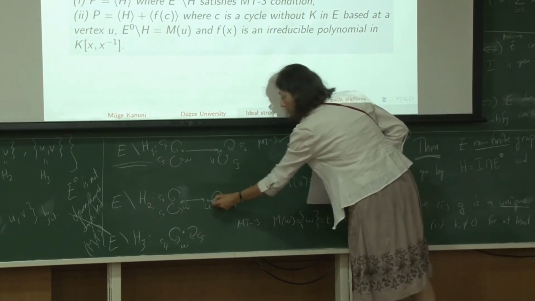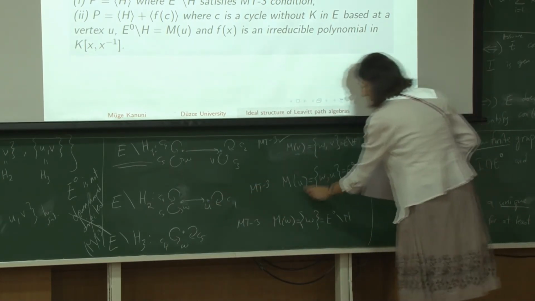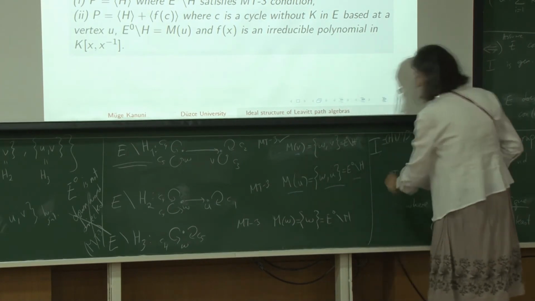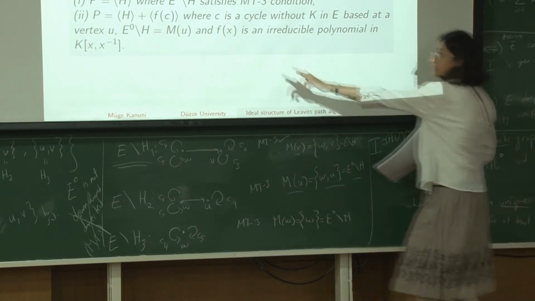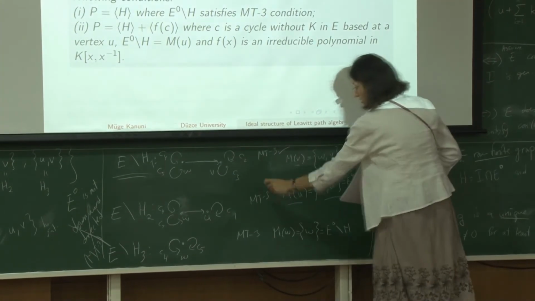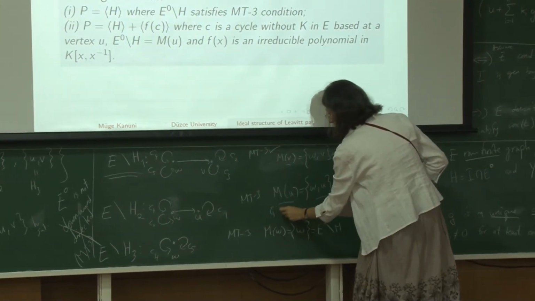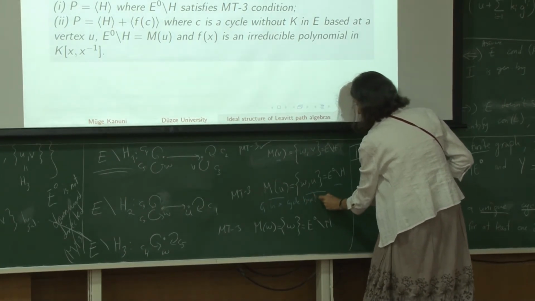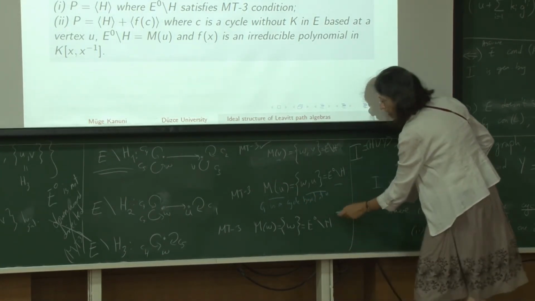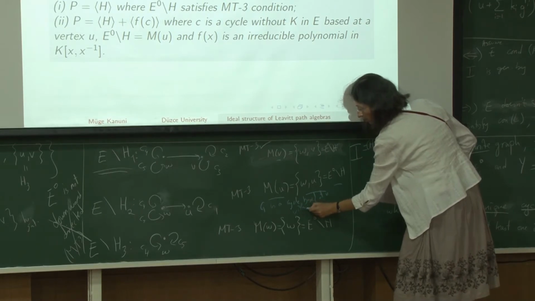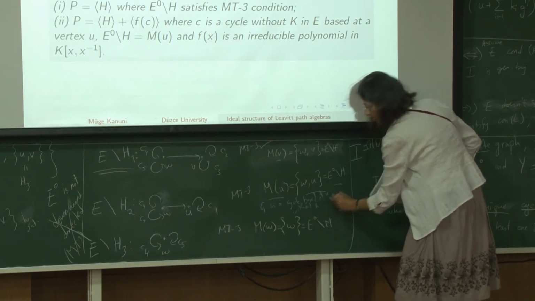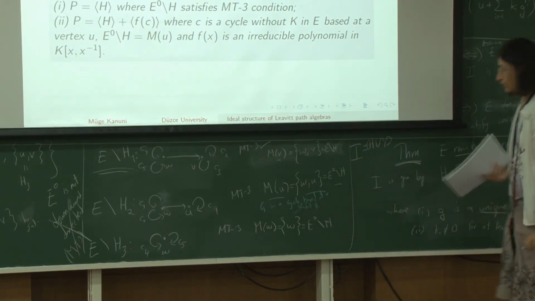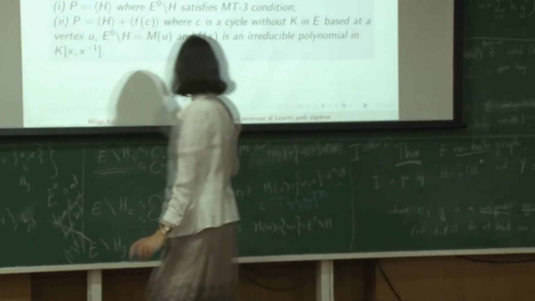However, look at this one. Now this guy is MU, it satisfies this, and C1 is a cycle based at U without K. So there will be some non-graded ideals.